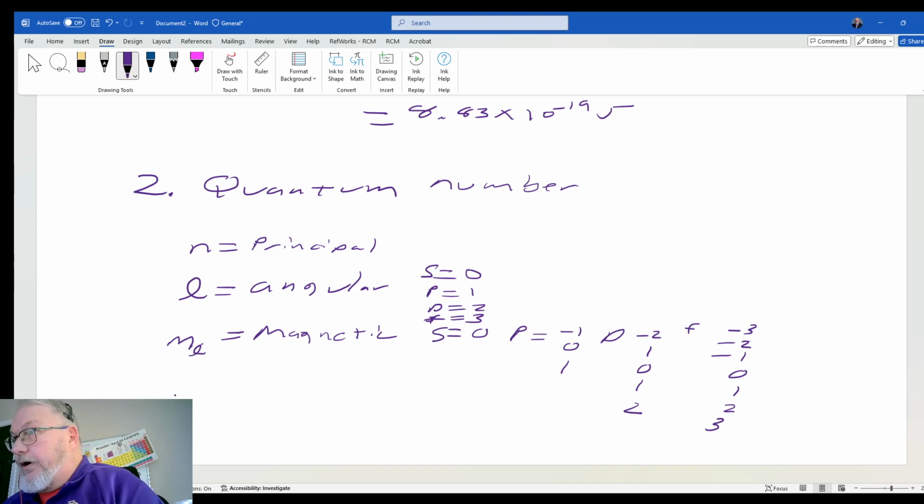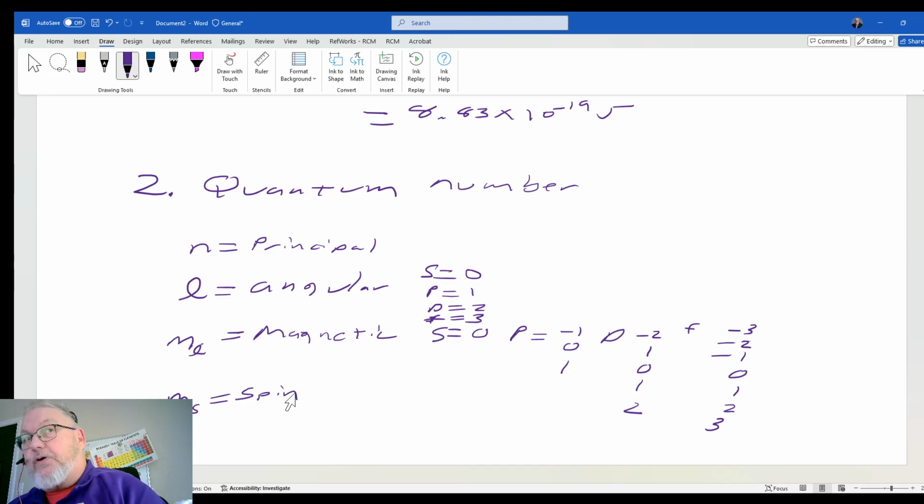The last quantum number, and again, how many quantum numbers do you need to identify a specific electron? You need 4. The spin number, okay? And each orbital will only have 2 of these. This is the spin number, all right?